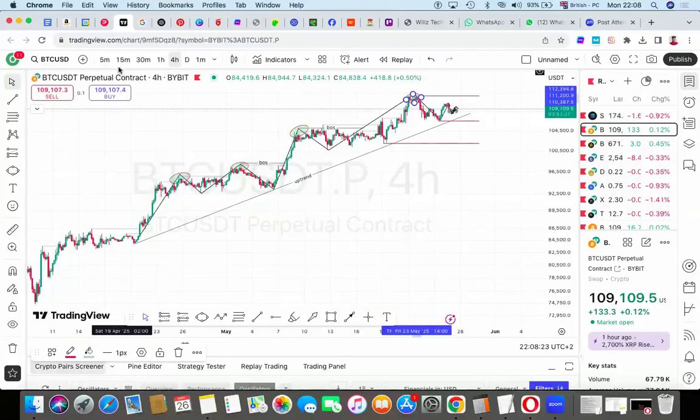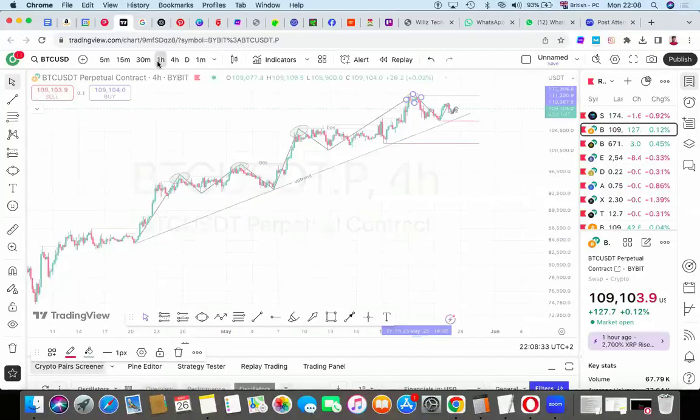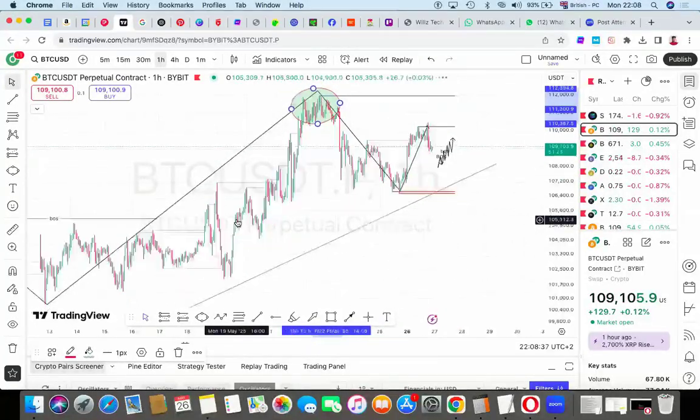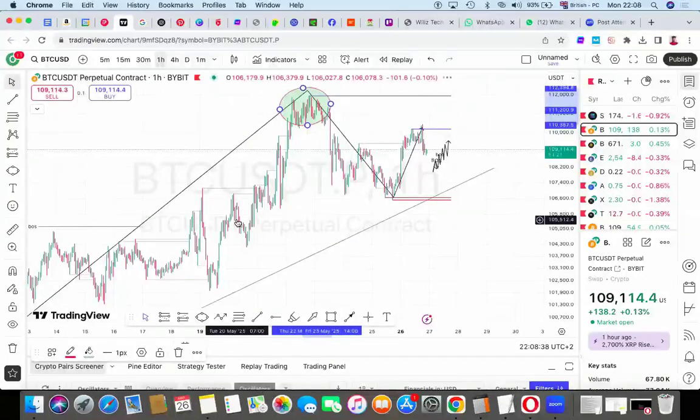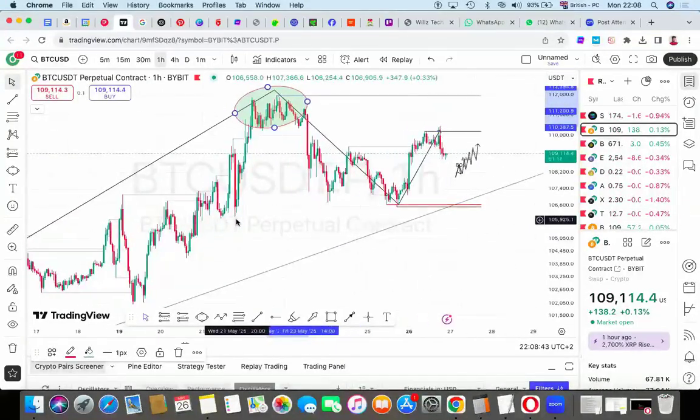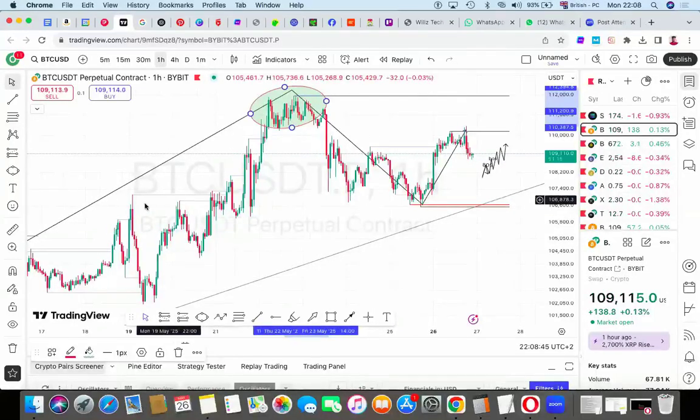So now this is what we mean by market structure. And then I'll go down now to the hourly time frame to show us more. Even here, I've already done some work that you can see, where I marked out structure with these blue lines.